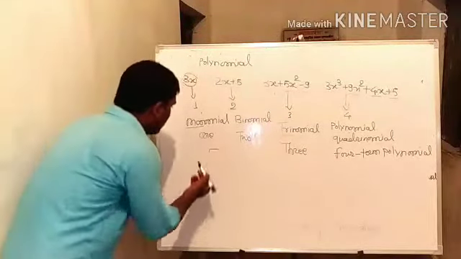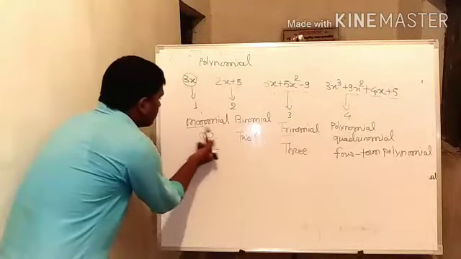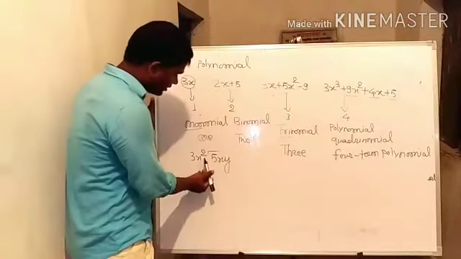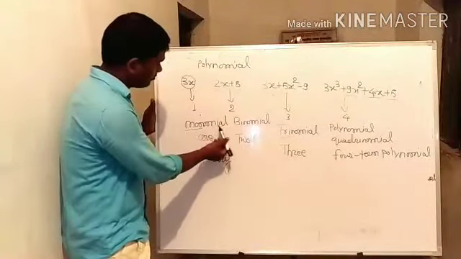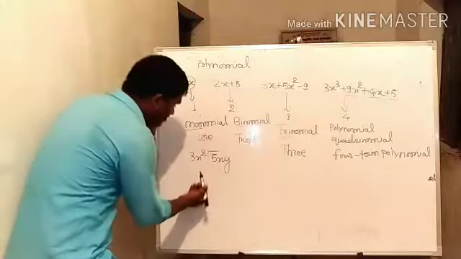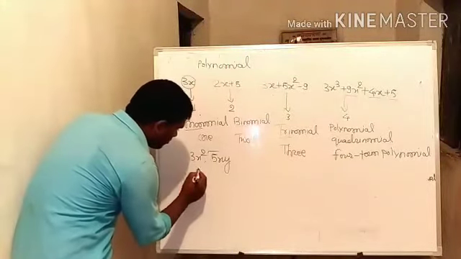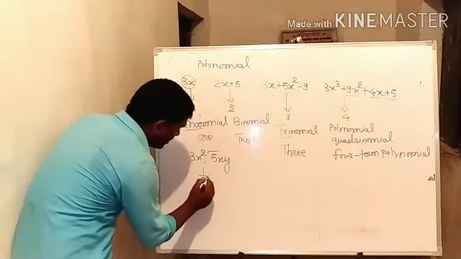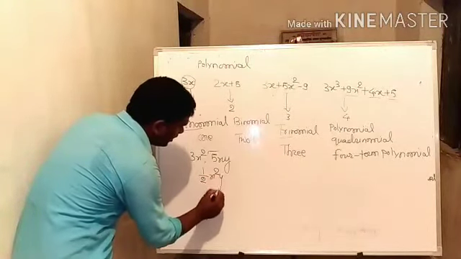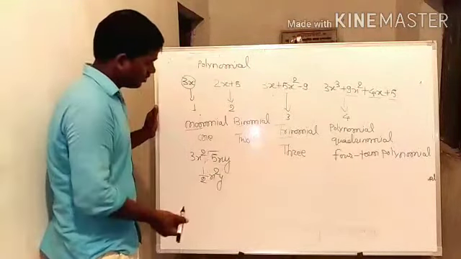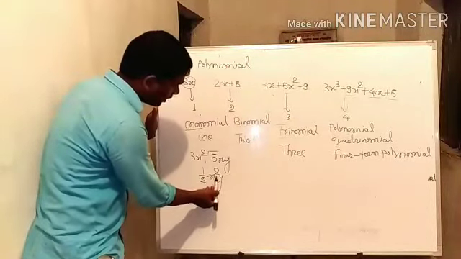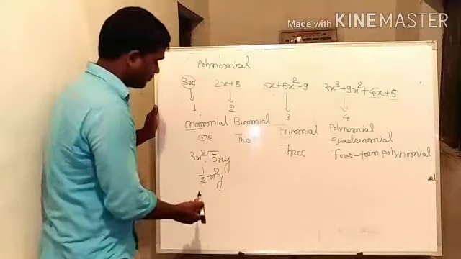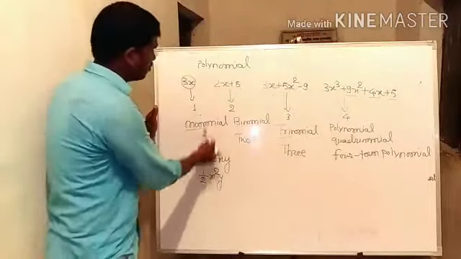Examples of monomial: 3x square, 5xy, both are examples of monomial. Also, 1 upon 2x square y is an example of monomial, having only one term.